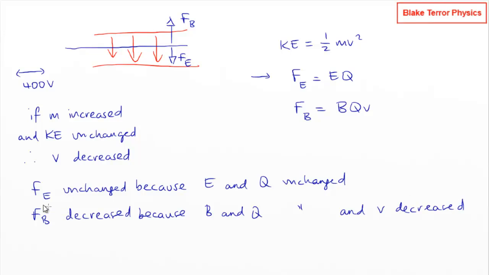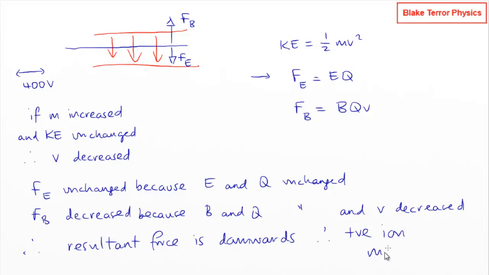So that means FE is unchanged, our downwards force. Our upwards force has decreased. So therefore we can say the resultant force is downwards. Therefore the positive ion moves downwards.